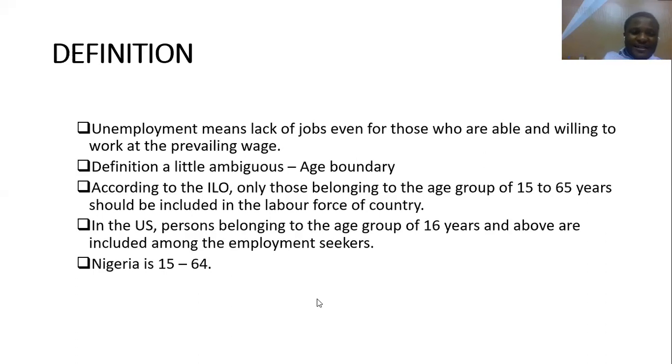Ambiguous in the sense that when you are defining unemployment, you need to consider your age boundary. Very important. And unemployment is time bound, okay?